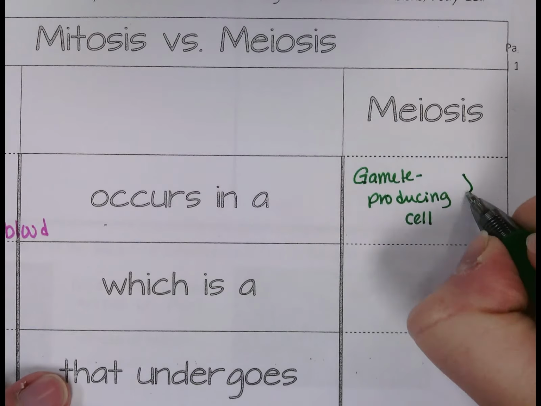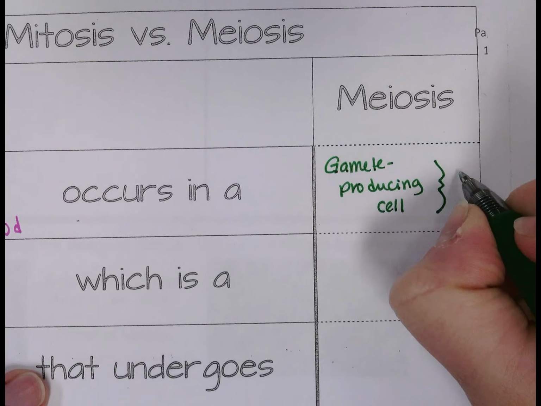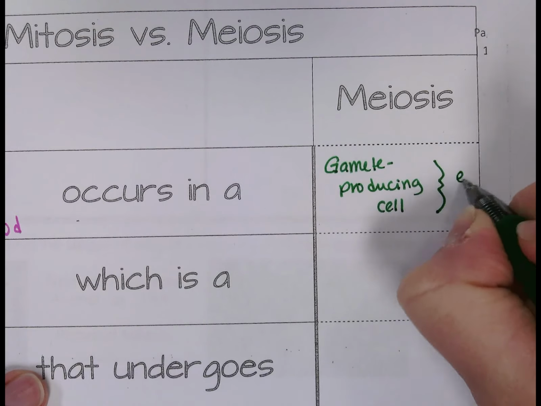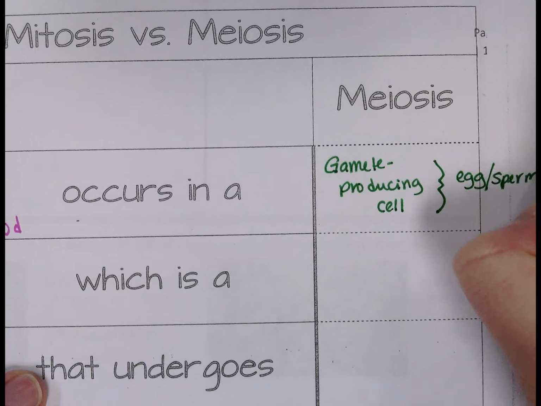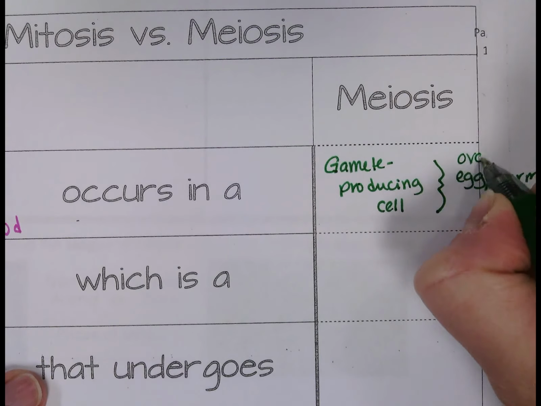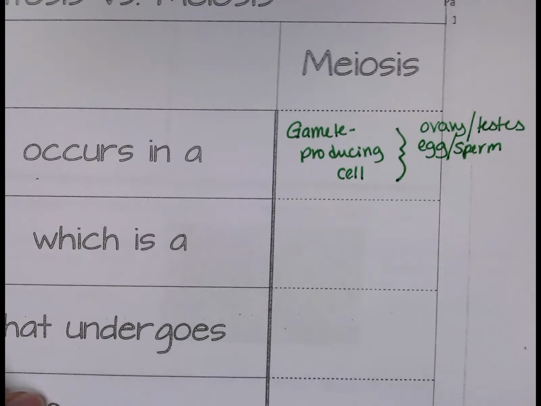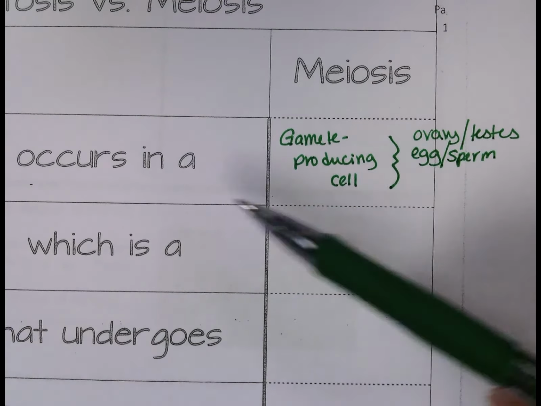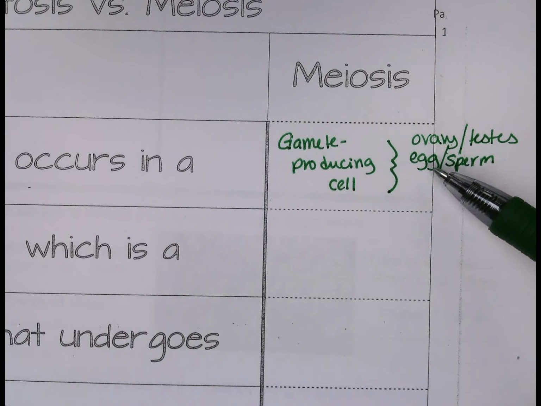Remember, those are the ovaries or testes, producing egg and sperm. So those are the two places. In other words, the ovaries and the testes, which are producing gametes, which are egg and sperm.